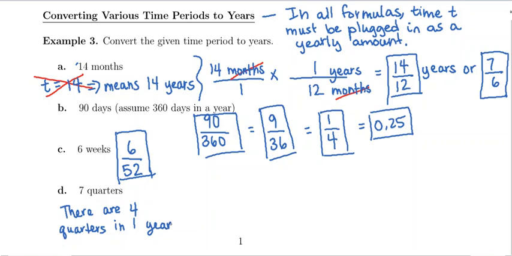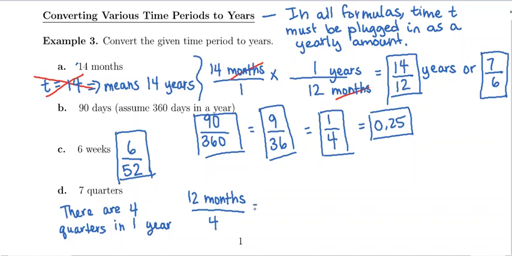Basically, if we're trying to think about a quarter, let's turn it into something that's more familiar to us. We're very familiar with months. There are 12 months in 1 year, and we are going to take the 12 months and break it up into 4 equal parts because there's 4 quarters in 1 year.